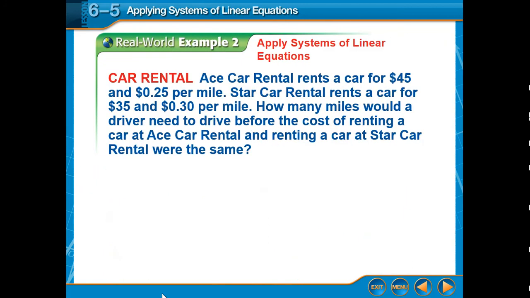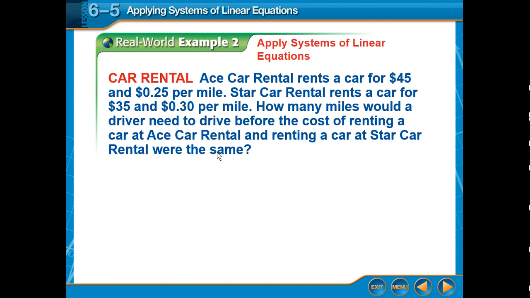Okay, Ace Car Rental rents cars for $45 and 25 cents per mile. Star Car Rental rents a car for $35 and 30 cents per mile. How many miles would a driver need to drive before the cost of renting a car at Ace Rental and renting a car at Star Car Rental are the same?